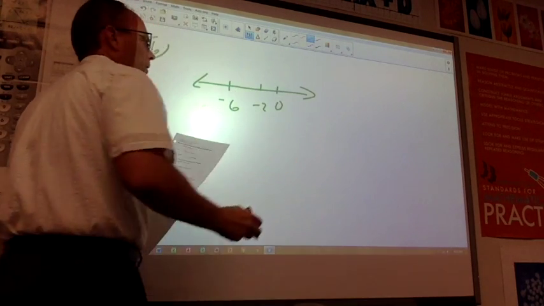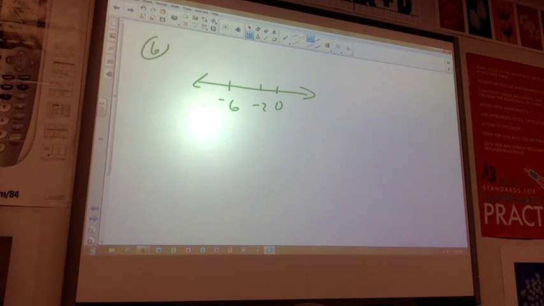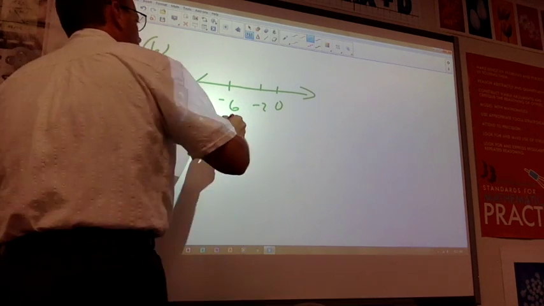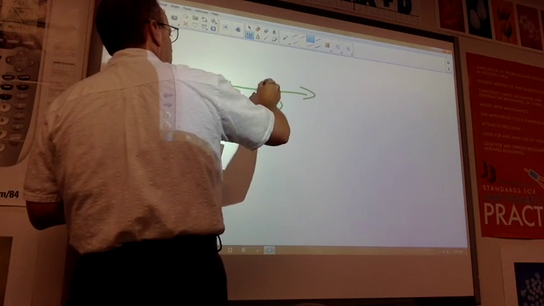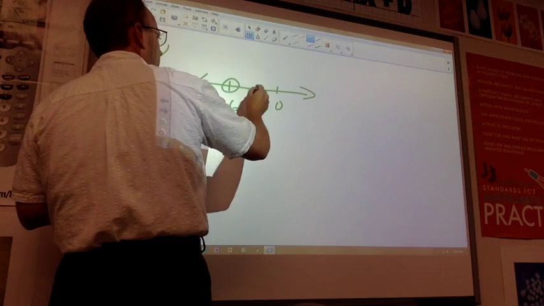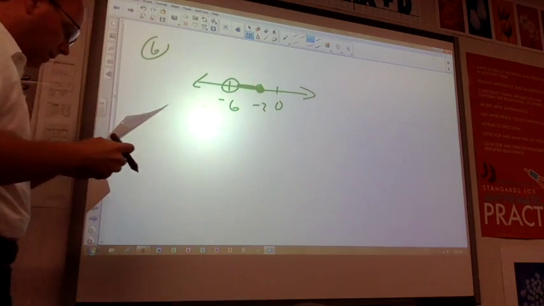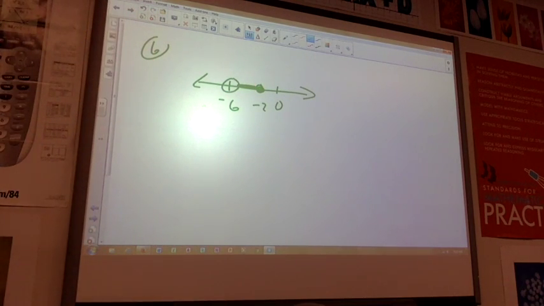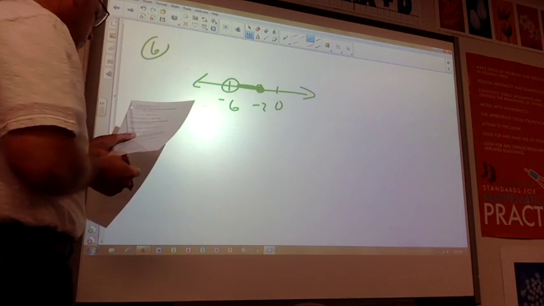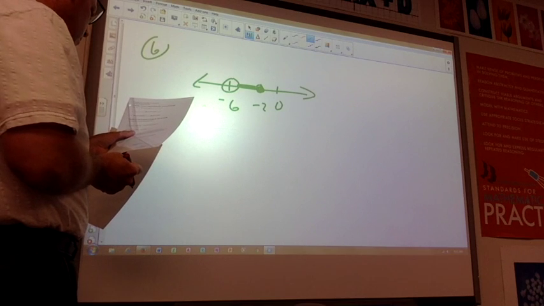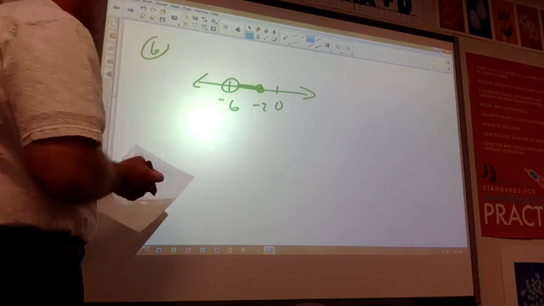I guess you could put 0 in there if you wanted to. A number that is at least -2 or less than -6. I'd say this has to be a solid dot, this has to be an open dot. So at least -2 or less than, whatever that is. Oh, wait.